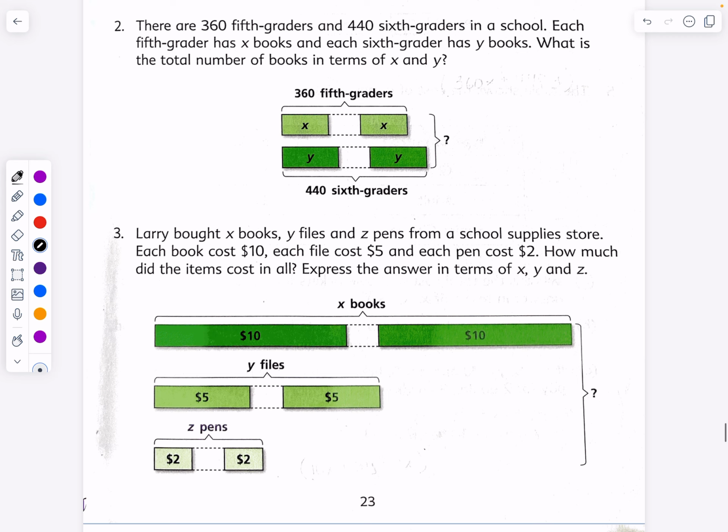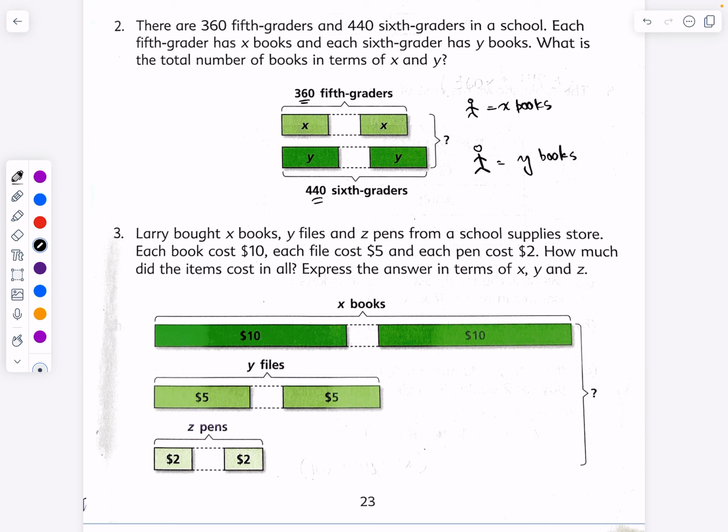Problem number 2. There are 360 fifth graders and 440 sixth graders at a school. Each fifth grader has X books, and each sixth grader has Y books. What is the total number of books in terms of X and Y? Well, one person in fifth grade has X books, and one person in sixth grade has Y books.